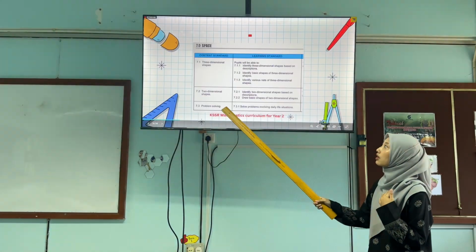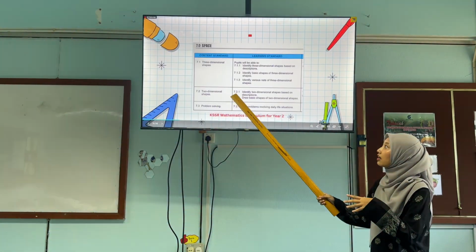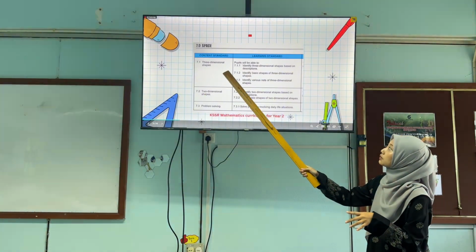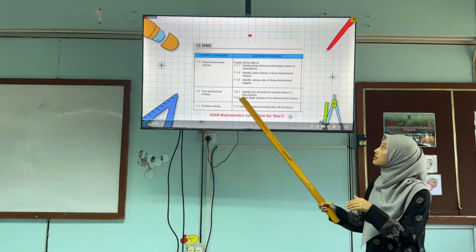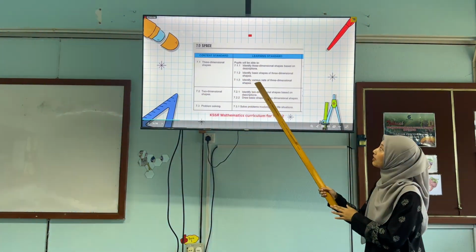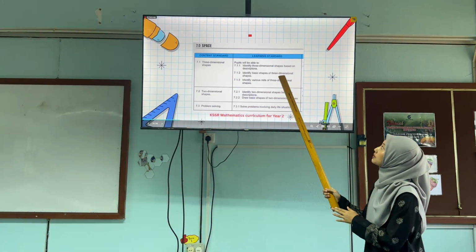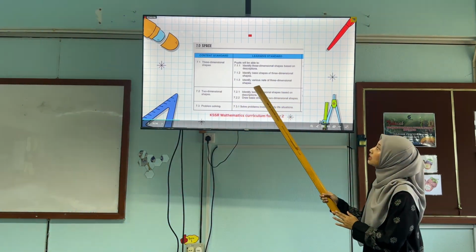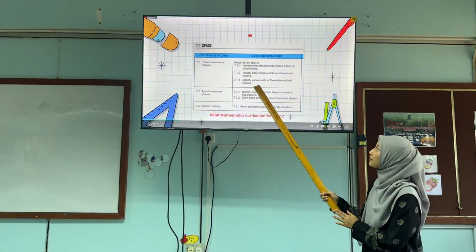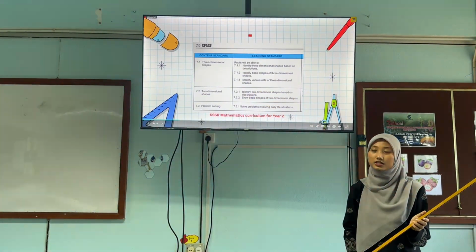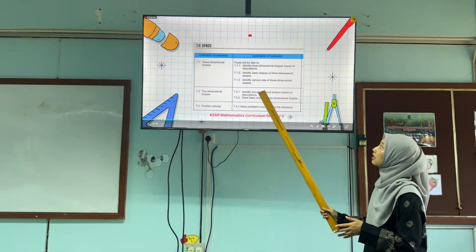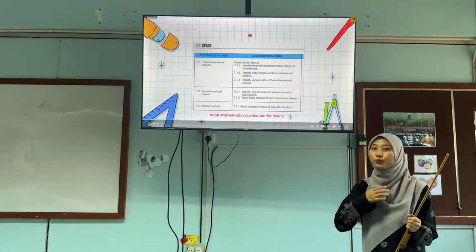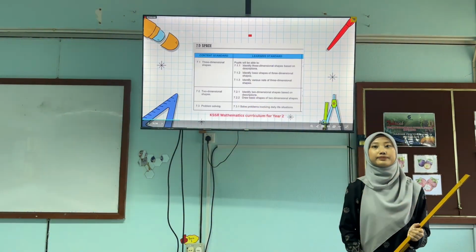But our group will cover the issues that occur in three-dimensional shapes, under the learning standard where pupils will be able to identify the three-dimensional shapes based on descriptions, identify basic shapes of three-dimensional shapes, and identify various nets of three-dimensional shapes. Under these three learning standards, there are a few issues that our group will discuss on the next slide.